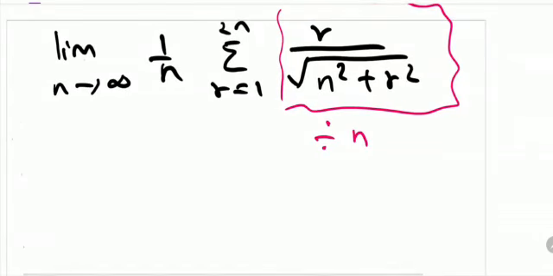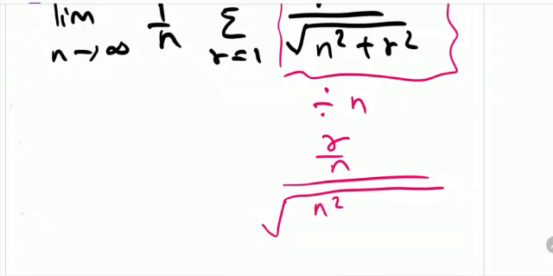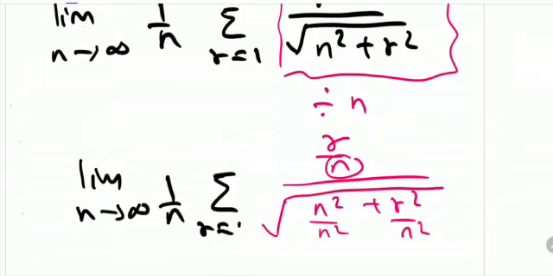By doing this, what is happening? I get r upon n, and square root of n square plus r square. The n goes inside the square root and becomes n square. So we have limit n tends to infinity, 1 by n, summation r running from 1 to 2n, everything as it is.